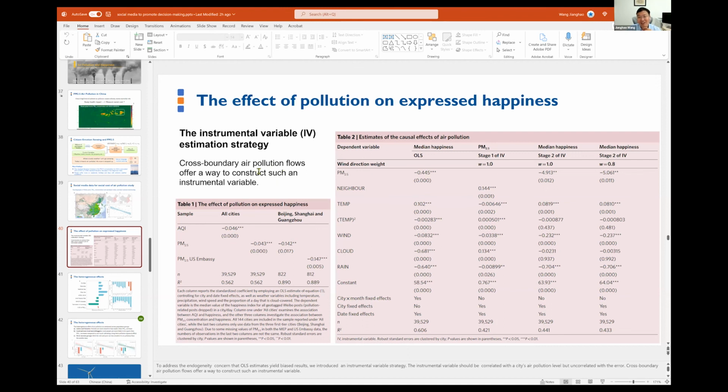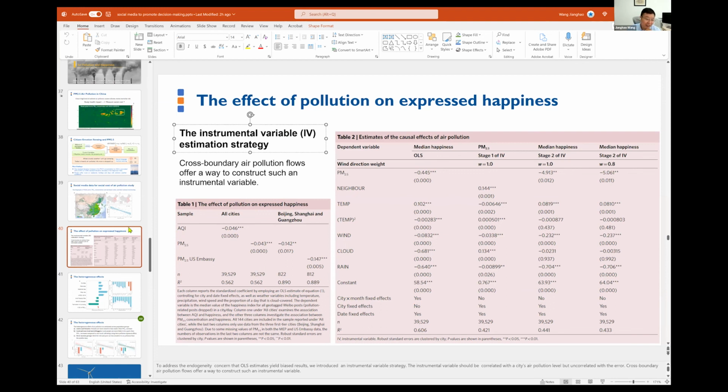We have very clear explanations of how we use the wind direction, wind speed and pollution from upstream cities as our IVs to improve the causal estimation of the effect of air pollution on happiness.